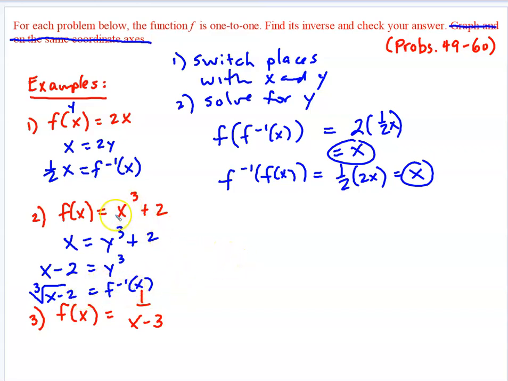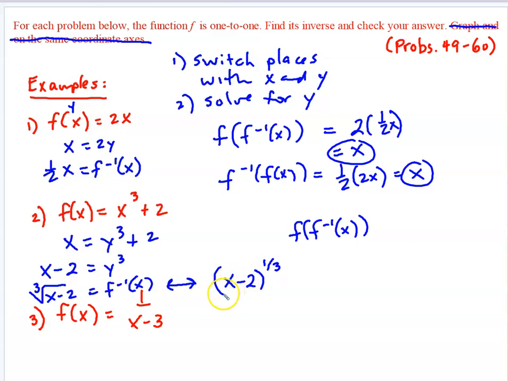And to check this, it might be easier to think of this as x minus 2 raised to the 1/3 power. That would be a little bit easier to work with. Do either one. All right, so let's check it. Let's do the composite, letting the inverse be input.